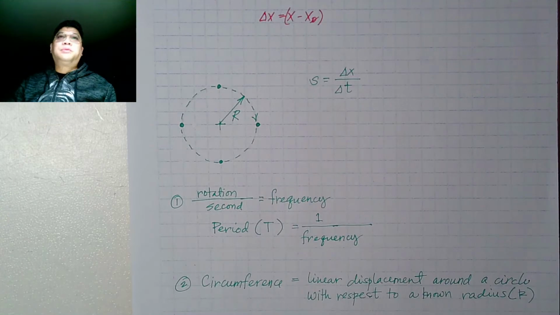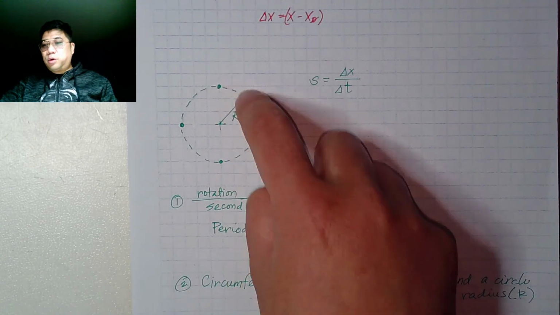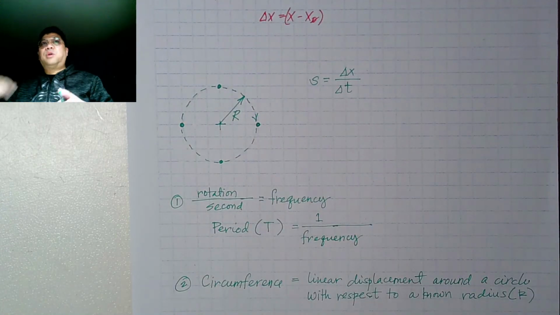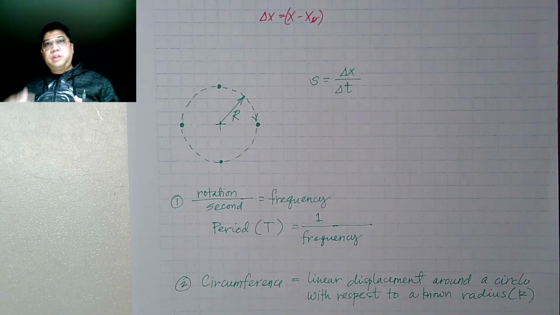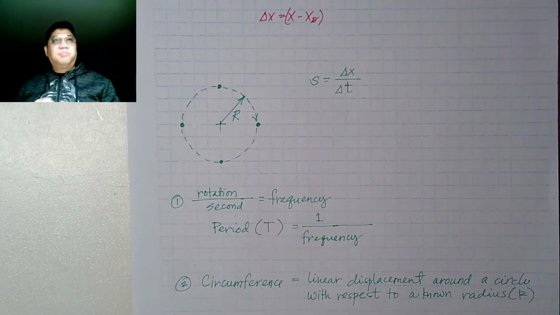So how do you figure out the speed of that object going around the circle? It's the same process as going in a straight line, but this time you just have to change the way you calculate the distance.